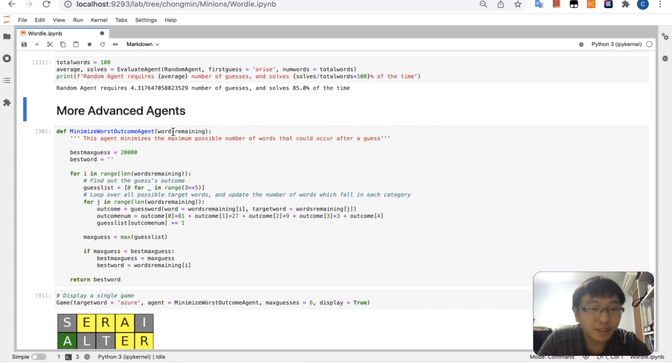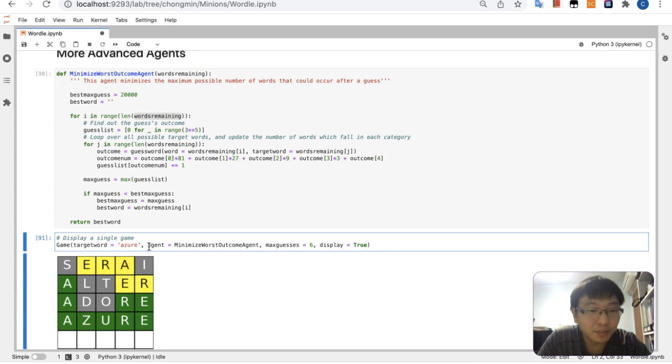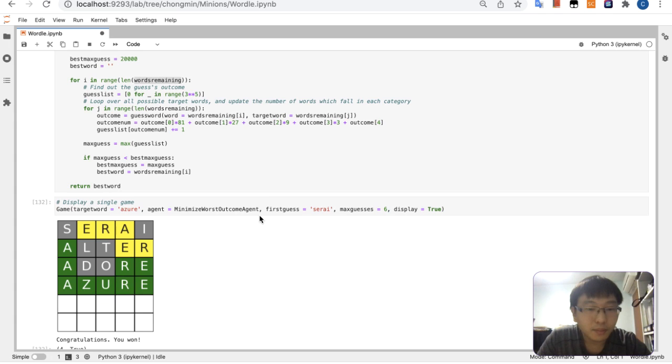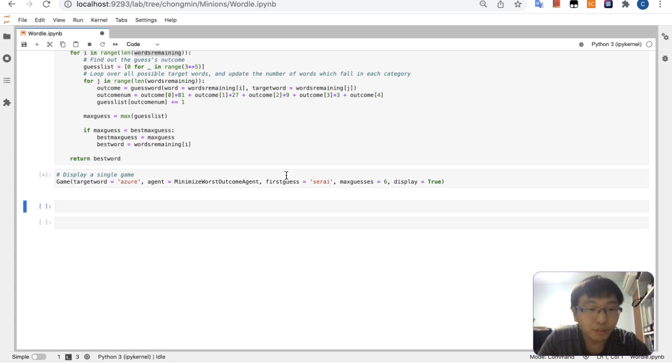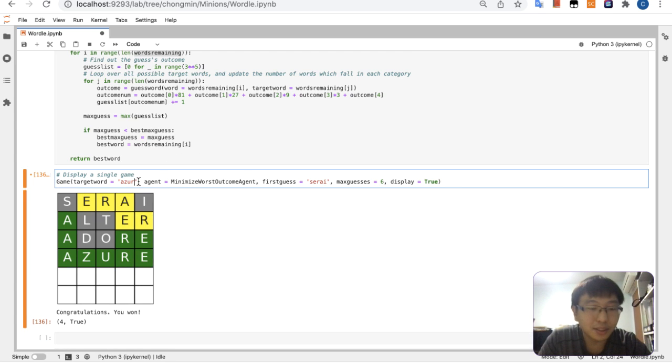Okay, so for the more advanced agents like this, this is minimize words remaining. So if we want it to be not hard mode, we can put this to be all the words. But let us just see, because it takes quite long to run this. Let's just make first guess equals to Sarai, because we already know that it will. Oh, you see, it's now pretty fast, because after we eliminate the starting words it is much faster.